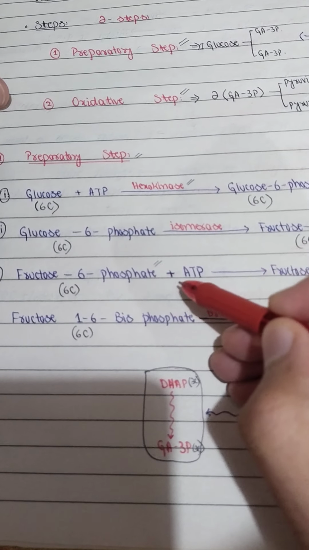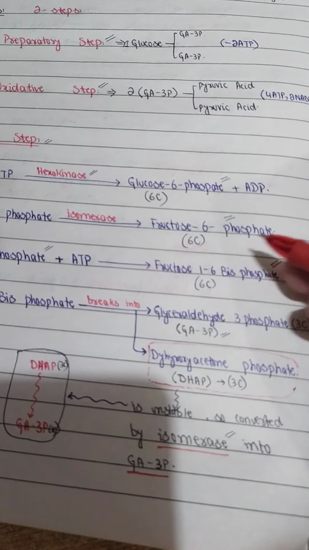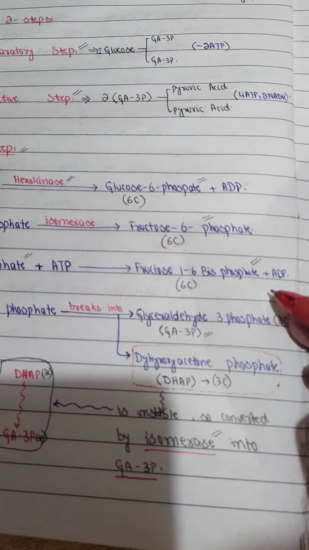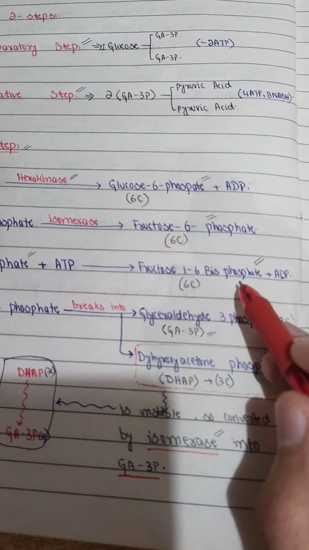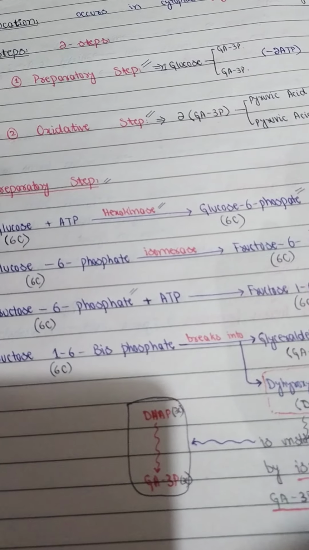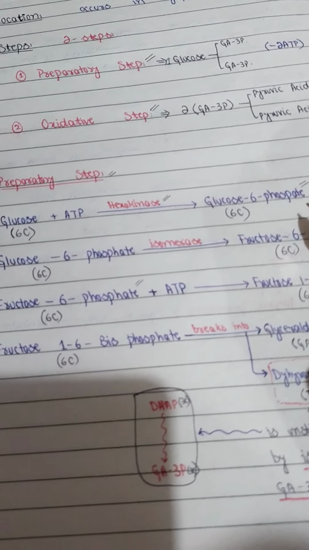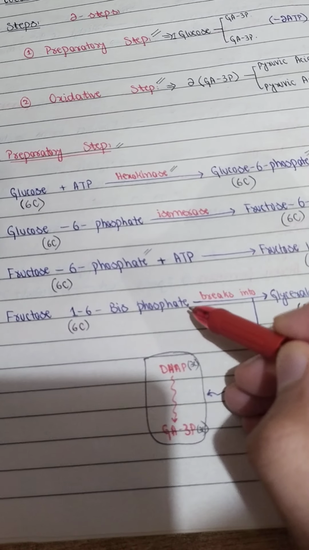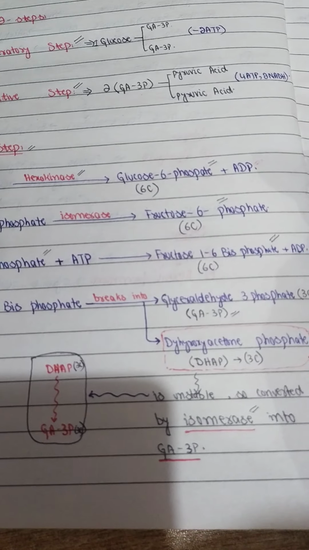Fructose 6-phosphate then combines with another molecule of ATP, forming fructose 1,6 bisphosphate plus ADP molecule. Here the second ATP is used. As we discussed earlier, in the preparatory step two ATP molecules are used. Then fructose 1,6 bisphosphate breaks down into two molecules of 3 carbon.